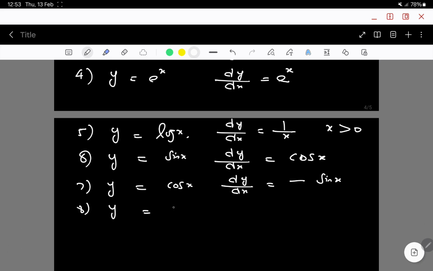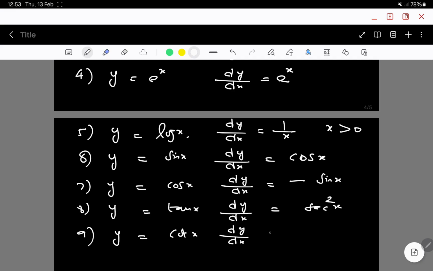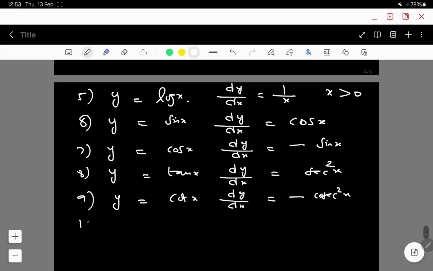Eighth one is tan x. Differentiation of tan x is secant square x. Then y equal to secant x: dy by dx is secant x tan x.